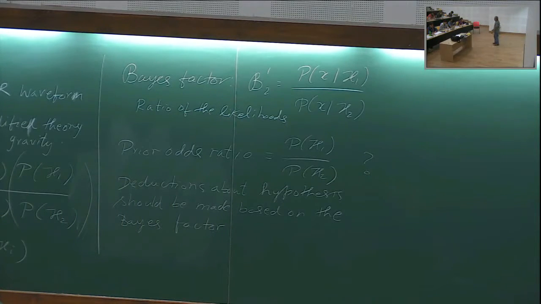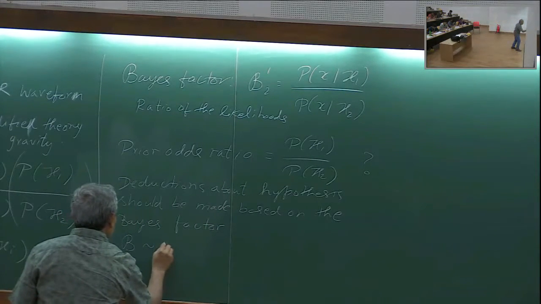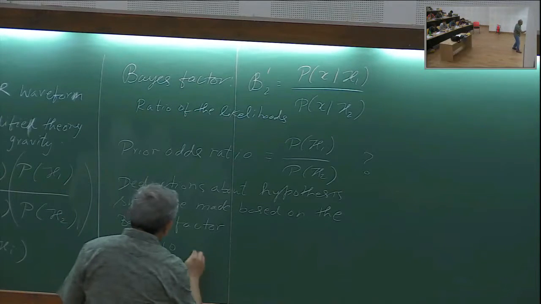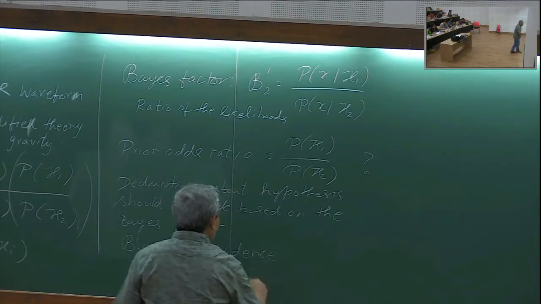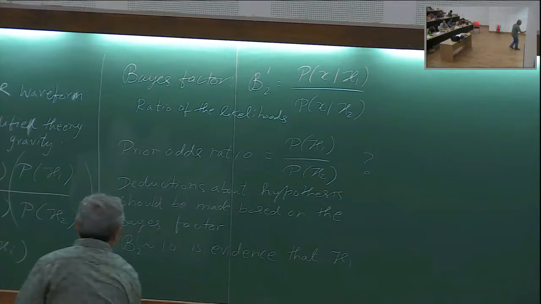For a practitioner, a Bayes factor of order 10 it can be negative or positive, by the way. The Bayes factor can be negative or positive. It's measured in logarithmic units. So a Bayes factor of order 10 is evidence that model 1 is preferred over 2.